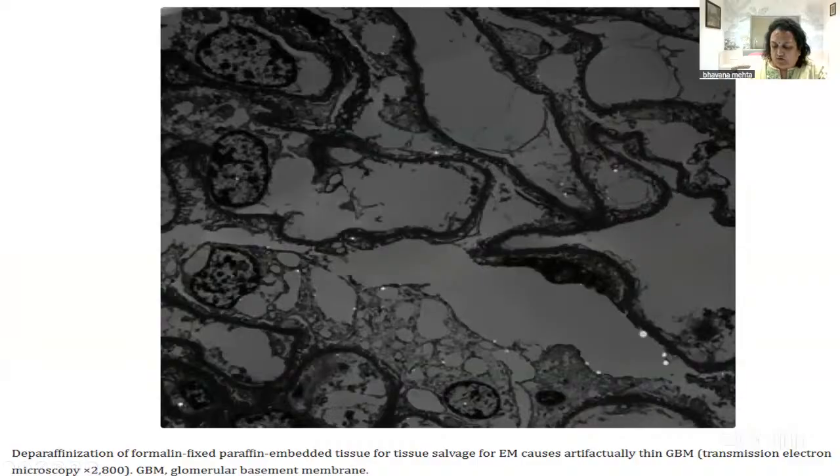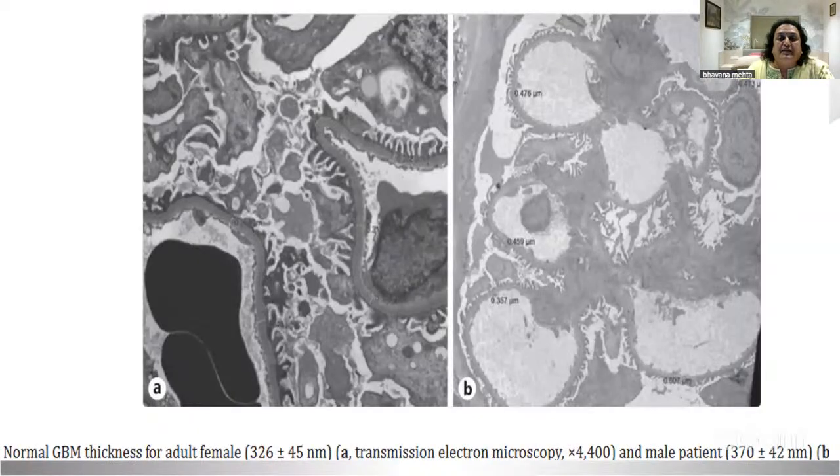So we should have good tissue collected in glutaraldehyde to look for the basement membrane changes on electron microscopy. This particular figure is showing the uniform basement membrane thickness. If we can appreciate it everywhere, this is the normal renal glomerular basement membrane.